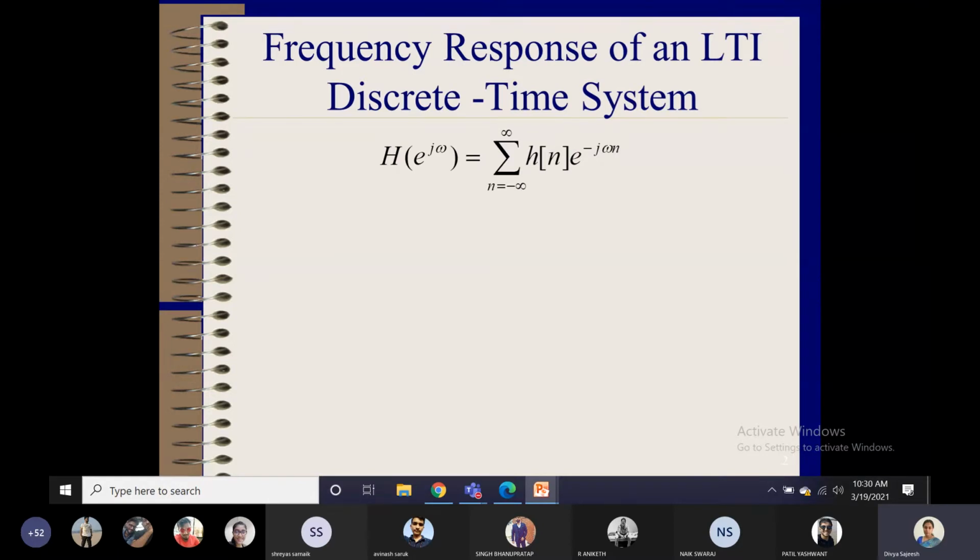That is one way. Another way to convert a discrete signal to the frequency domain is using the Fourier transform. Using the Fourier transform also we can transform the signals into the frequency domain.